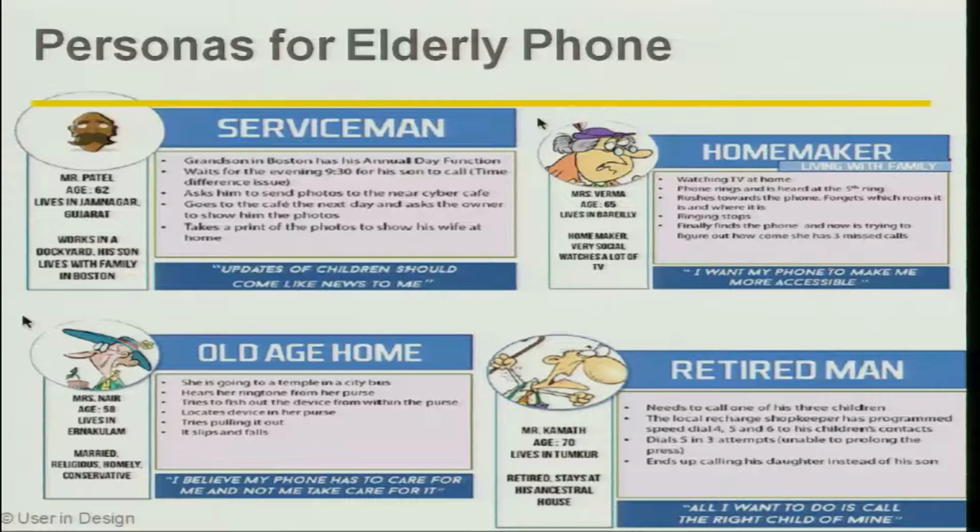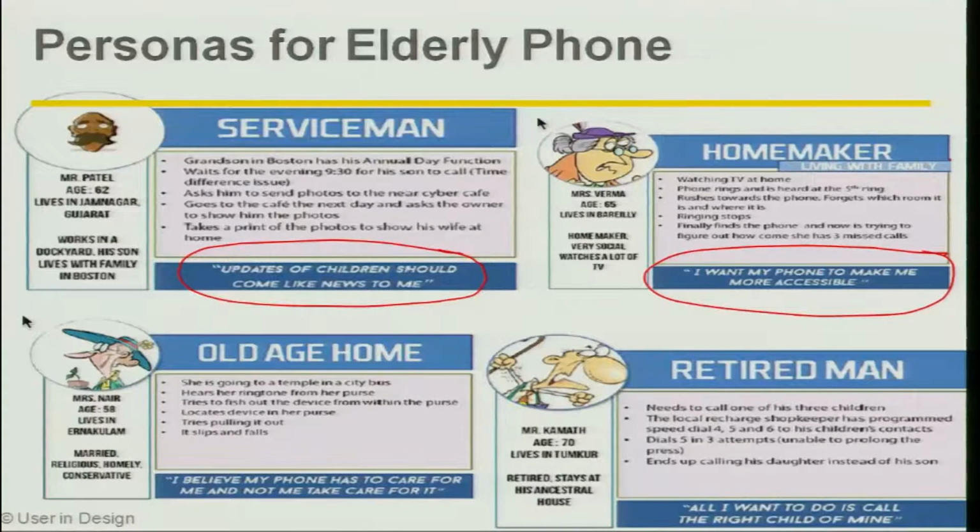Here are some personas that were created in the design of a phone for the elderly. And while they didn't give specific names to the personas as a person, what I wanted you to take away from this is these top of mind statements, right? So this person who is a working person, he's a senior citizen, but he's a working person, he's saying updates of children should come like news to me.